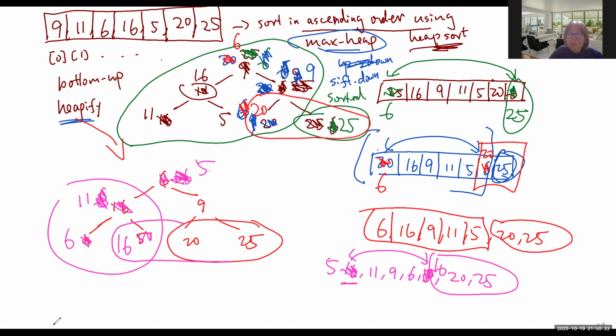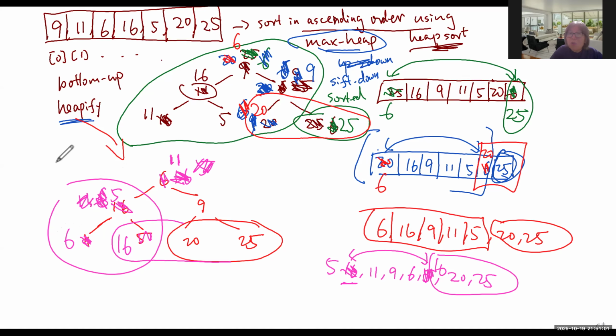So now 16 is also sorted, okay? So after we move 5 up, we need to do the heapify again, okay? So we need to swap it with 11. So here is 5, here is 11, okay?